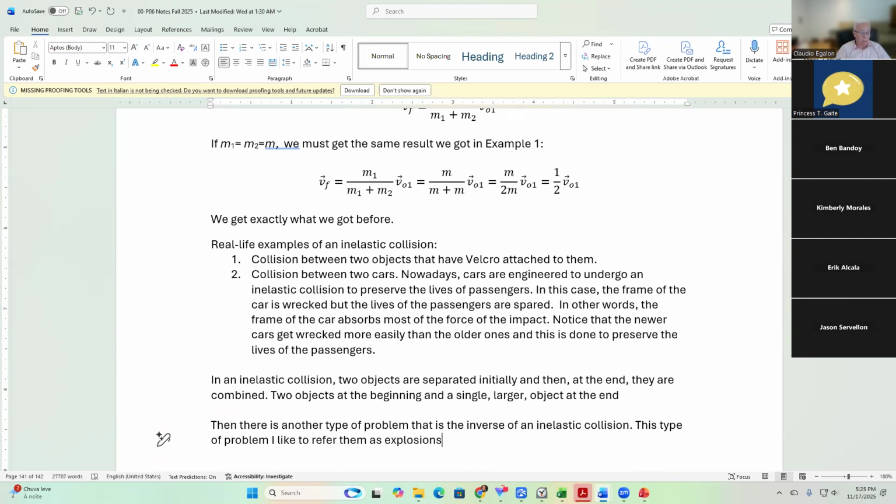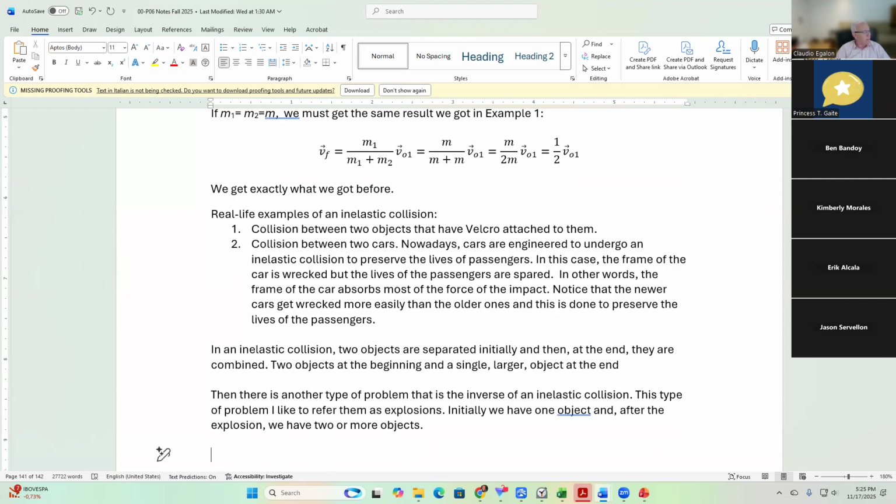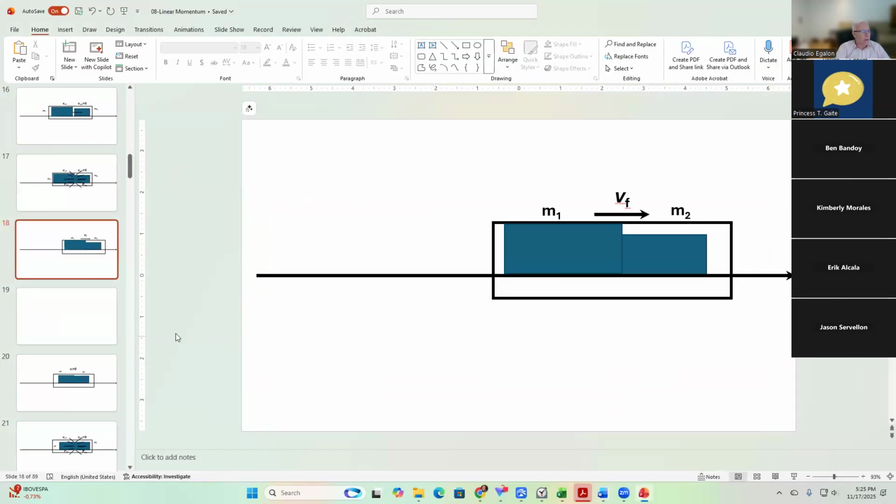And what I mean by inverse is that if in an inelastic collision we have initially two objects and at the end only one, for the case of an explosion, initially we have one object, and after the explosion we have two or more objects.